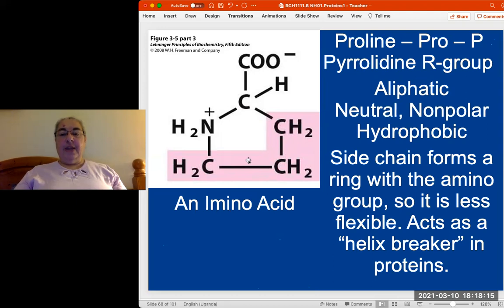But the important thing in biology about this is that this ring structure means that the whole molecule is less flexible, less bendy than the other amino acids. So it doesn't bend into shapes as easily. In proteins, it's sometimes called a helix breaker. When we come on to look at secondary structure in proteins, you'll be able to see why proline is important as the helix breaker.